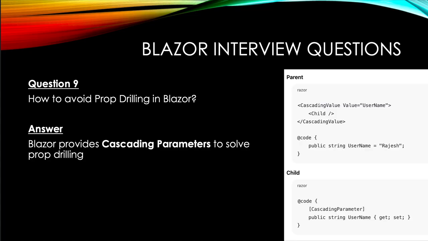Any component underneath can directly access it, even if they are many levels deep. If you observe here, I have declared a variable as the cascading value, and we can access it using a cascading parameter in the child.